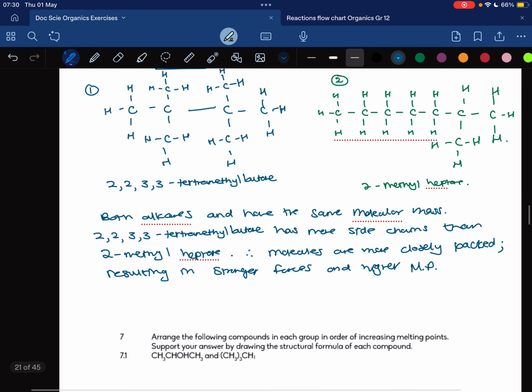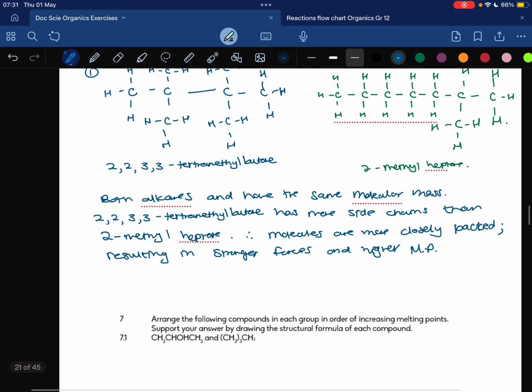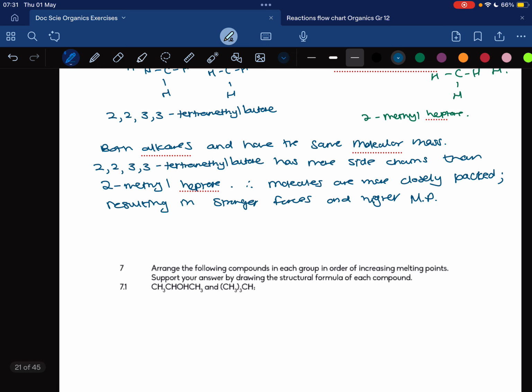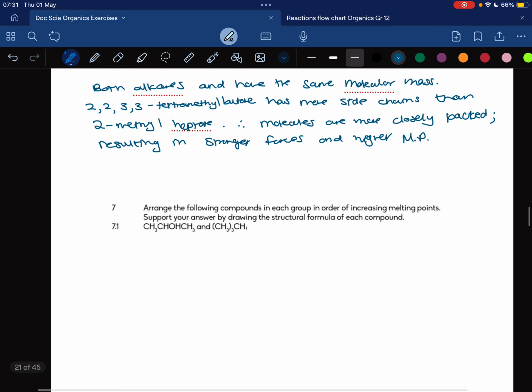Okay, so the structures also help us to visualize exactly how this looks and why they will have these differences in their boiling points and melting points.